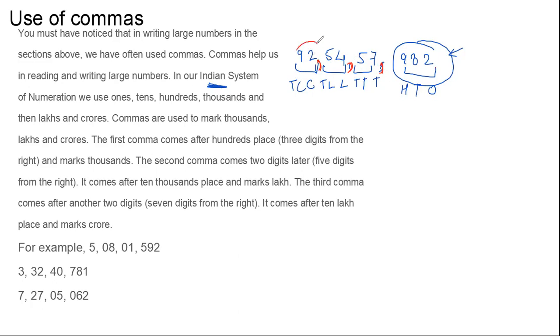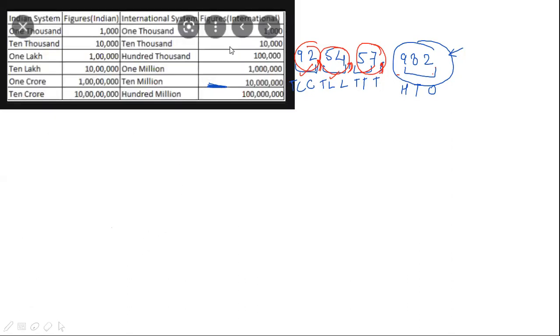I'll count it this way: 92 crores, 54 lakh, 57,982. See, I'm taking 2 digits, isn't it? That's why we put it like that. Okay. So here are some examples. You can go through them. So this is the table you can go through in order to understand it in a better way.